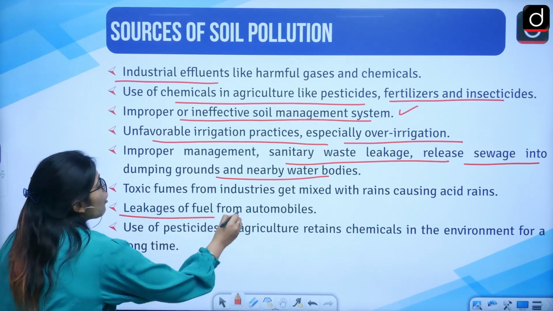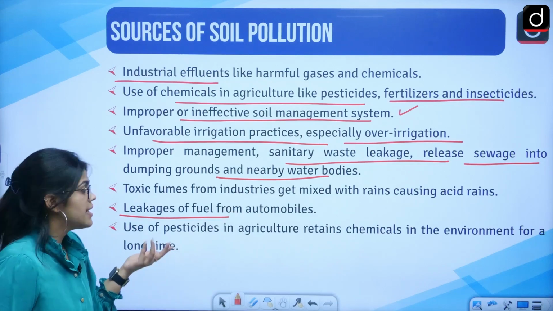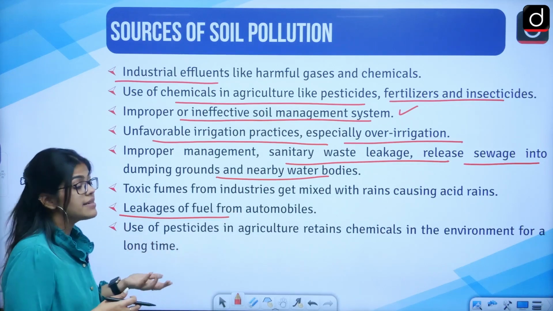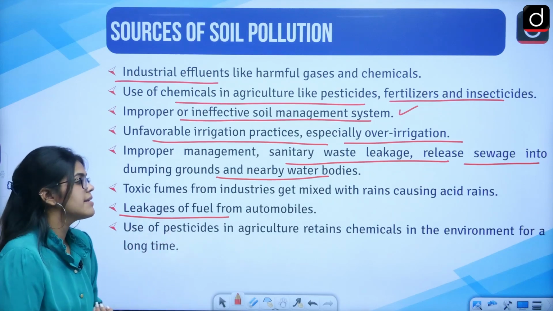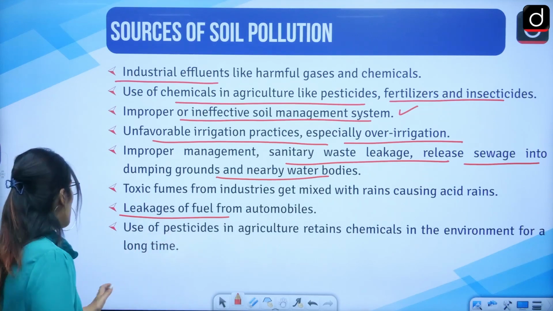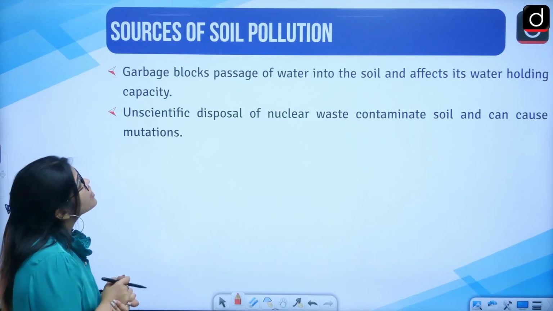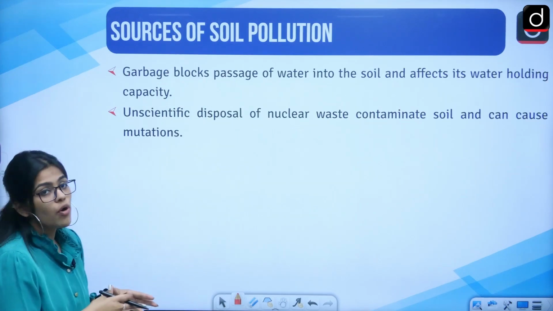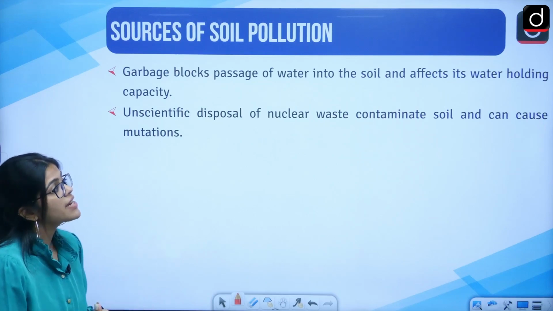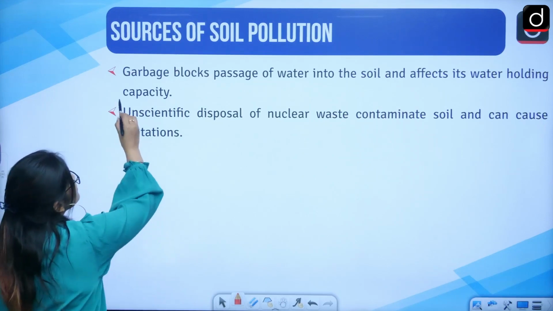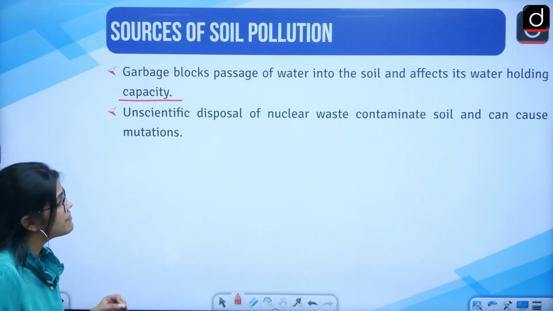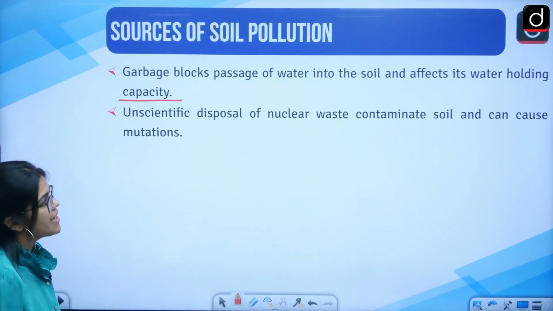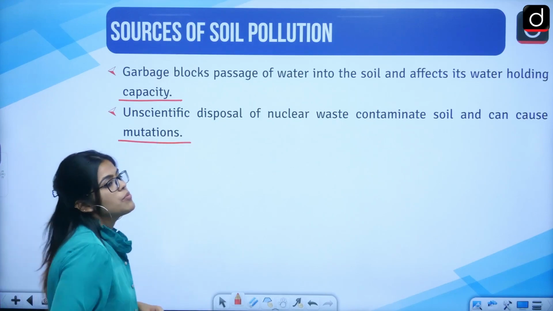Then leakages of fuel from automobiles can also have a greater impact on the soil, and the use of pesticides in agriculture can also cause problems. Then garbage can block the passage of water into the soil and affect the water holding capacity of the soil. Then unscientific disposal of nuclear waste can also contaminate the soil and cause mutations.